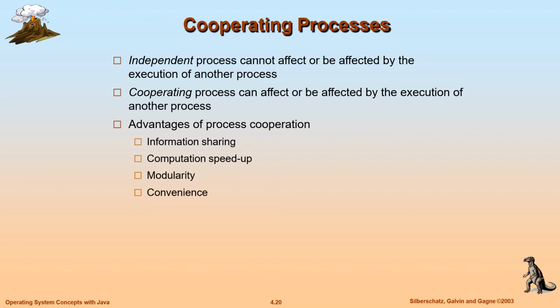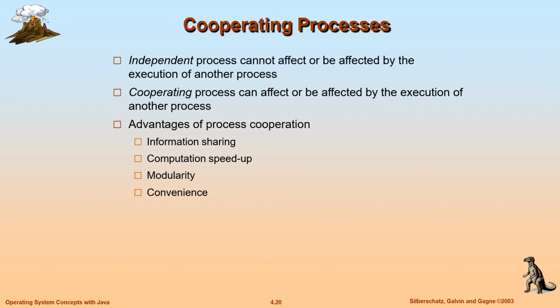There are several reasons for providing an environment that allows processes to cooperate. Cooperation is important because memory is shared among several processes. All these processes need the same resources and the same type of data. If they cooperate with each other, we can save a lot of resources.